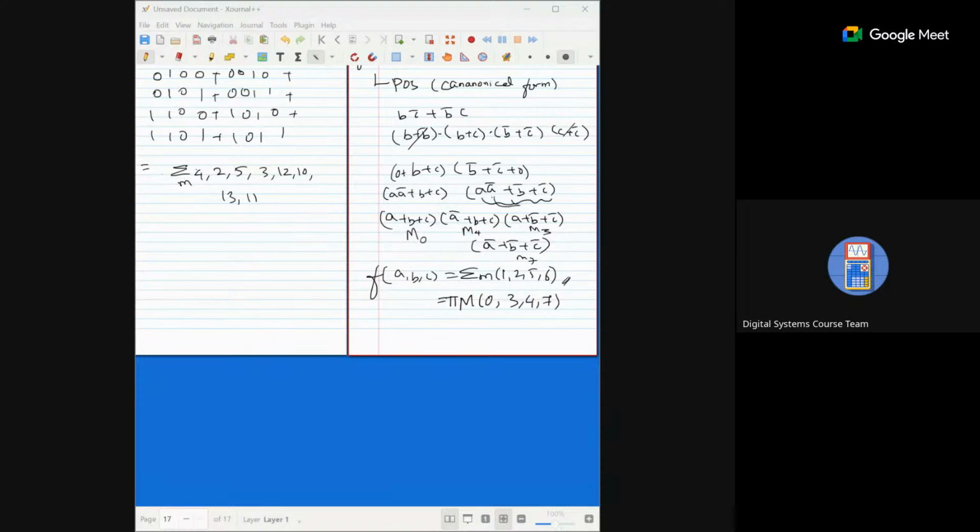But I am telling that B and C bar, B and T term expression. This particular expression depends on 4 variables. Okay. Initially, I told you 3 variables.